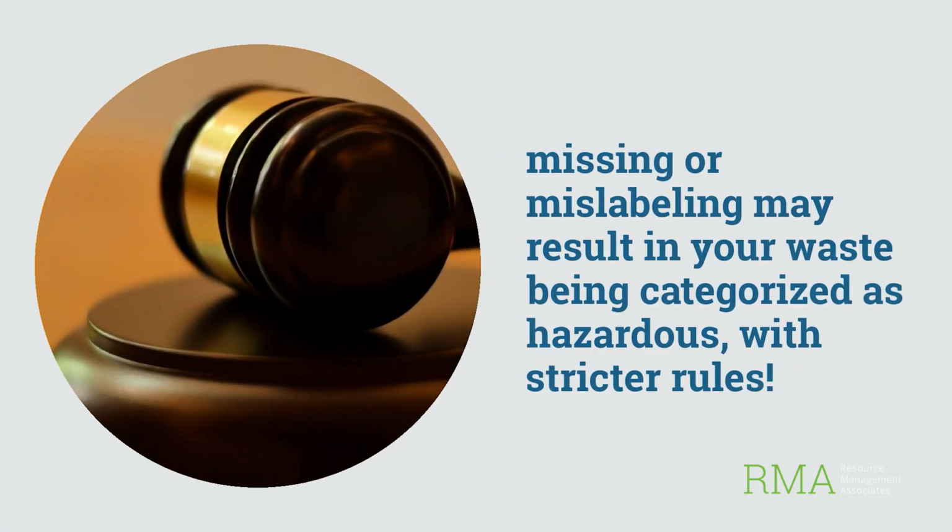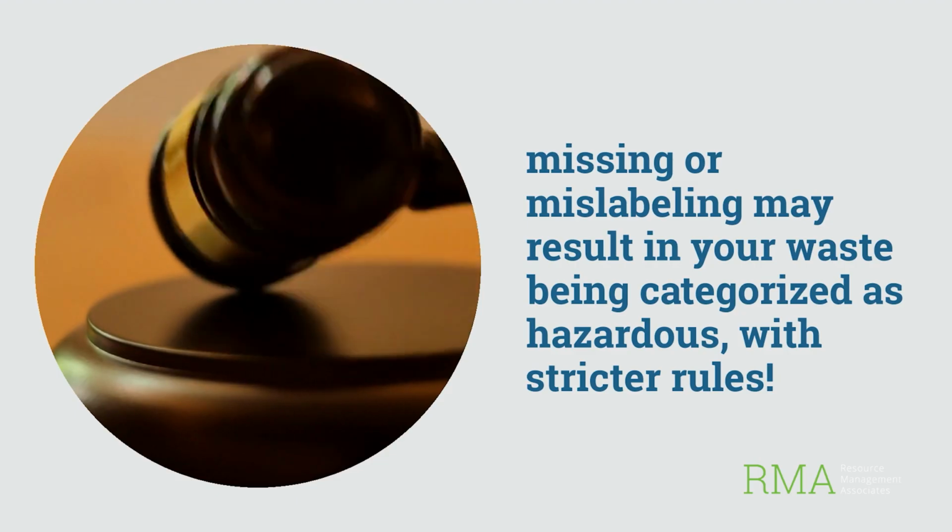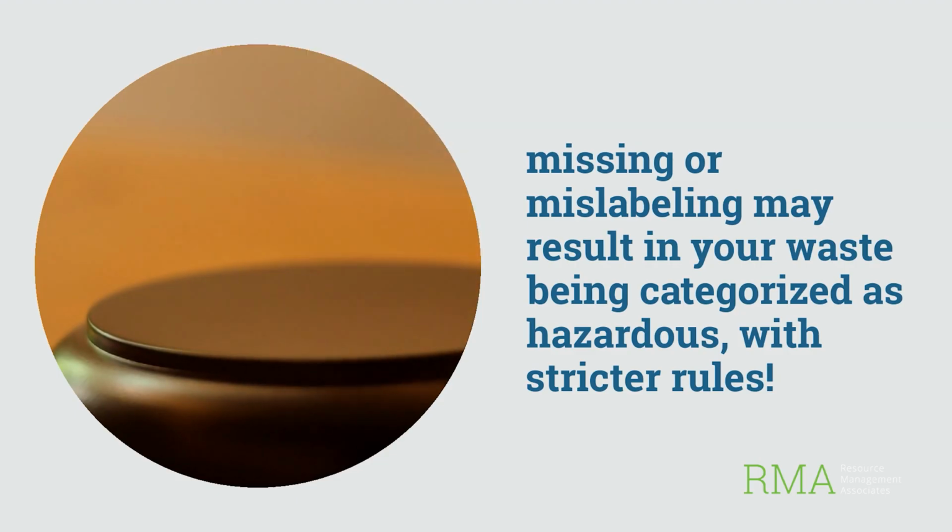The accumulation start date is required, and again, that's the day the item was first discarded or collected for disposal. Proper labeling keeps you eligible for the simplified rules under the Universal Waste Program. Missing or incorrect labels may result in your waste being reclassified and regulated under more stringent hazardous waste requirements.